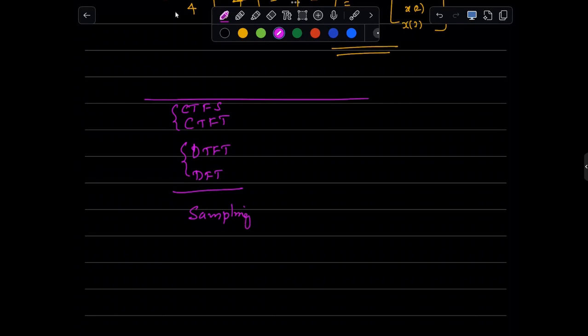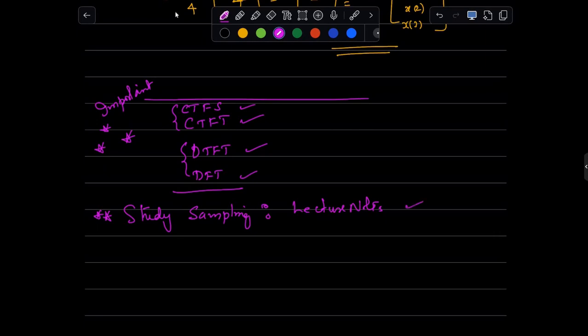Please study the sampling from the theory notes, the lecture notes, and some problems I have already discussed in that. These are all very, very important for the final exam. You may get one question from the continuous time Fourier series or transform, DTFT, DFT, and sampling. Very, very important.